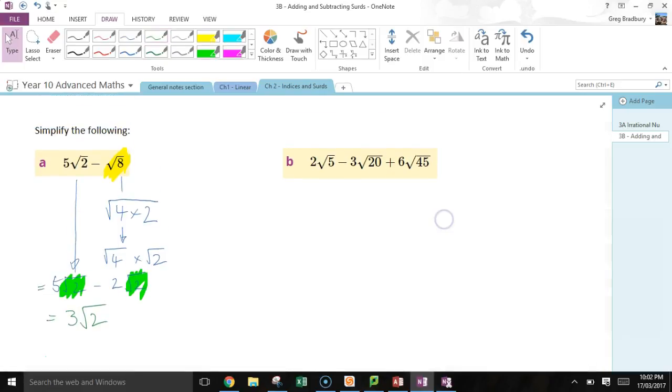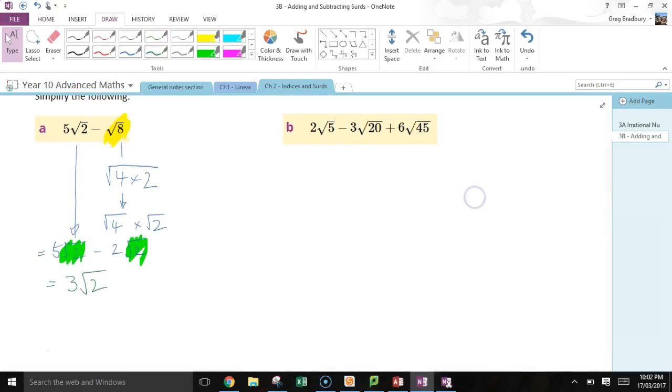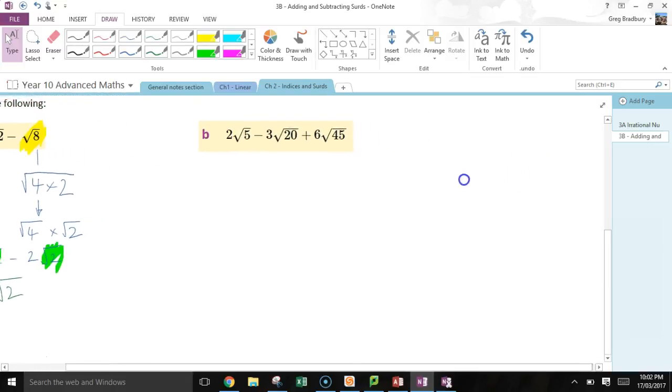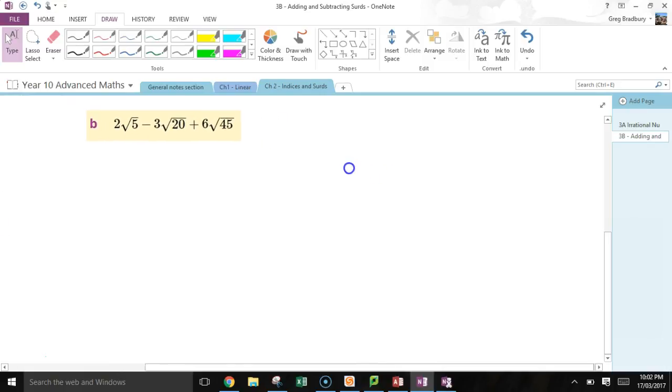For this second question, again, we haven't got any immediately obvious things we can simplify or collect together, but a good clue is this root 5 at the front. In a question on adding and subtracting, they probably wouldn't put it in unless you could actually add and subtract something.